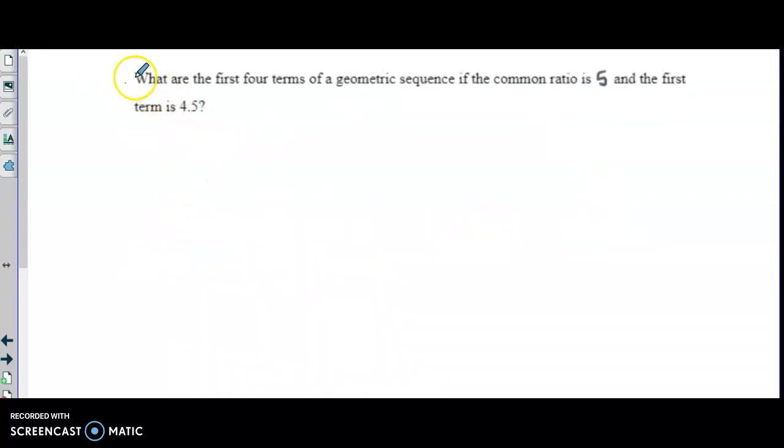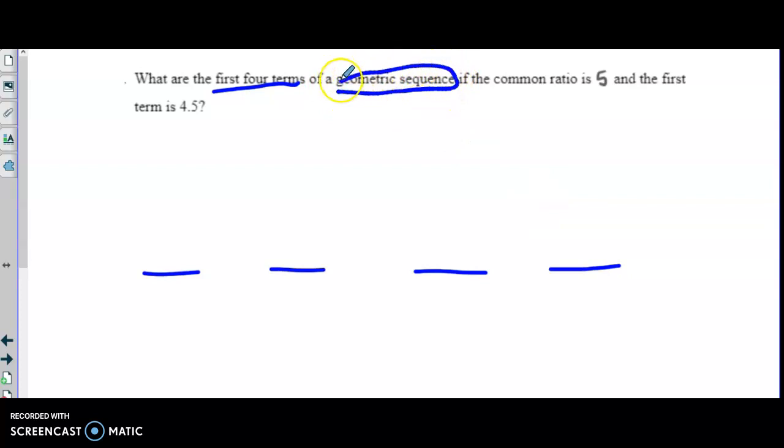And then here we are, we're doing the same thing. What are the first 4 terms of a geometric sequence, so that means we're multiplying or dividing, if the common ratio is 5. So we're going to multiply by 5. Now when I say multiply or divide, we're actually always multiplying.